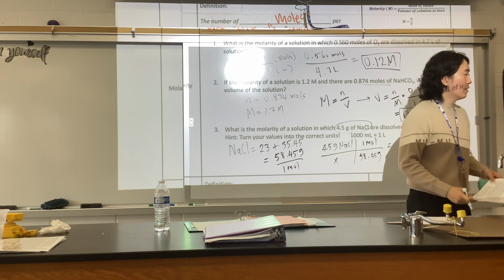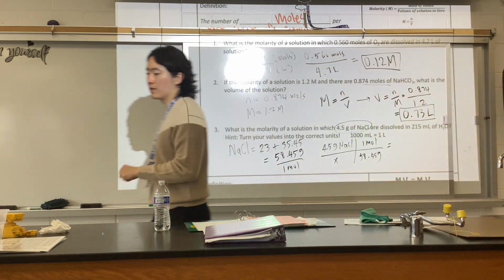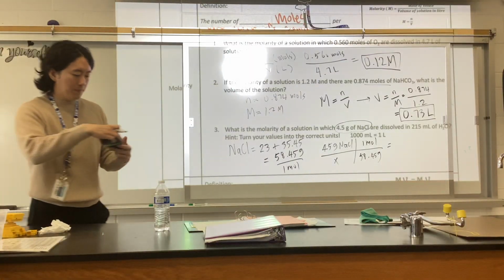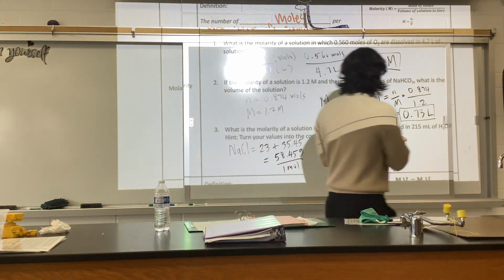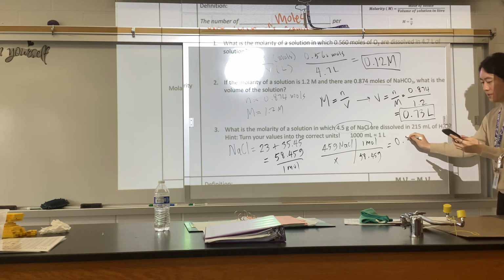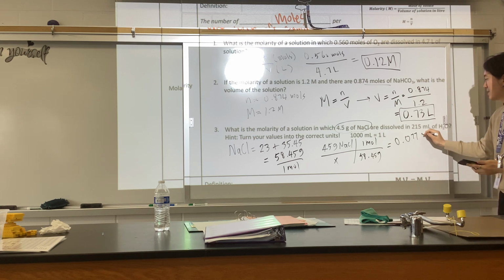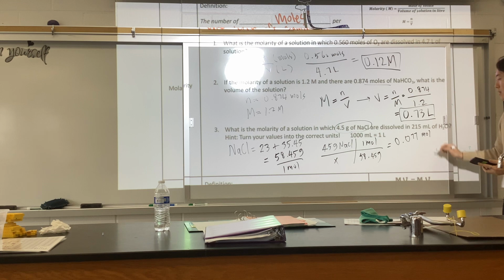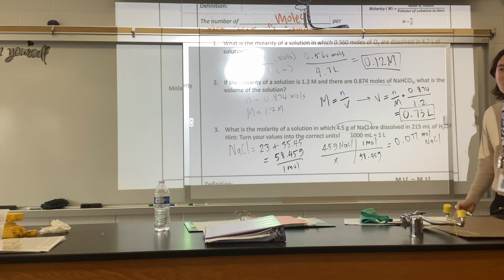Let's make sure we convert it right. So here's what I'm going to do. 4.5 divided by the molar mass, which is 58.45. And I get, okay, here we go, 0.077 moles of NaCl.